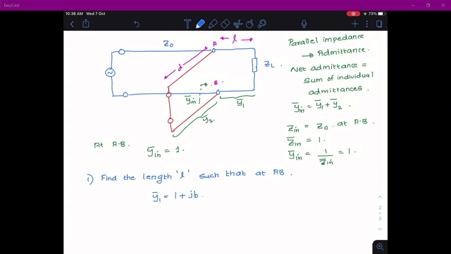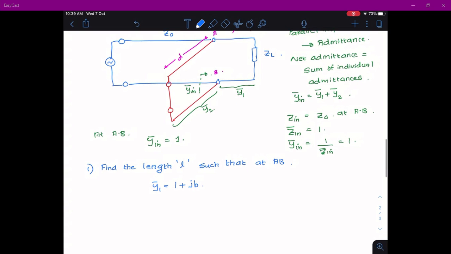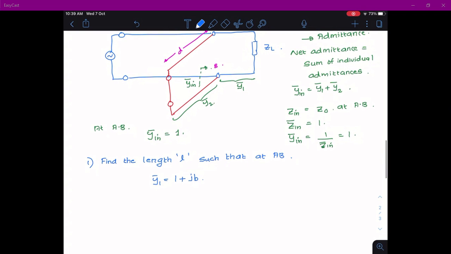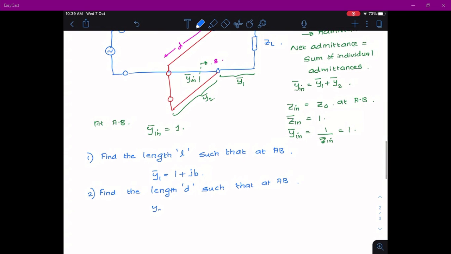For B can be positive or negative. Okay. Second, find the length such that at AB y2 is equal to minus JB. Okay.